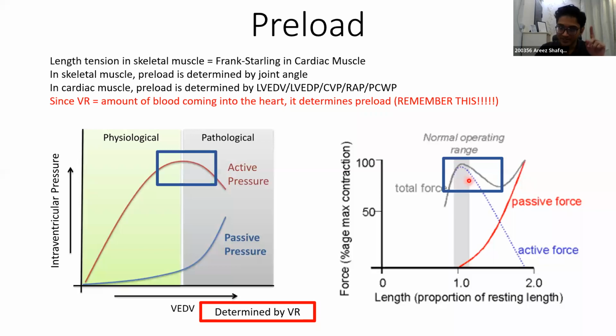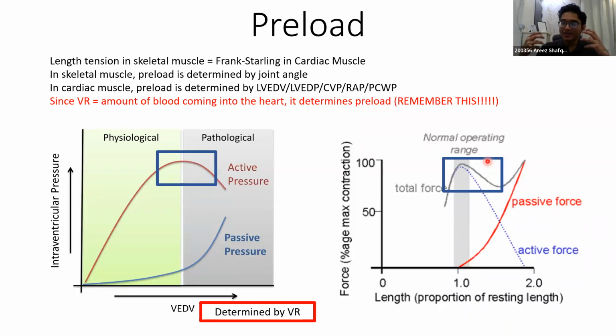This, however, occurs up to a point. If I go beyond a length of muscle stretch, the muscle fibers will overstretch and my tension will fall, right? So the more the length, the better the contraction. However, beyond a certain point, the muscle fibers get overstretched and you lose tension. The heart is the same, okay? But the heart is not attached to a tendon, to a bone.